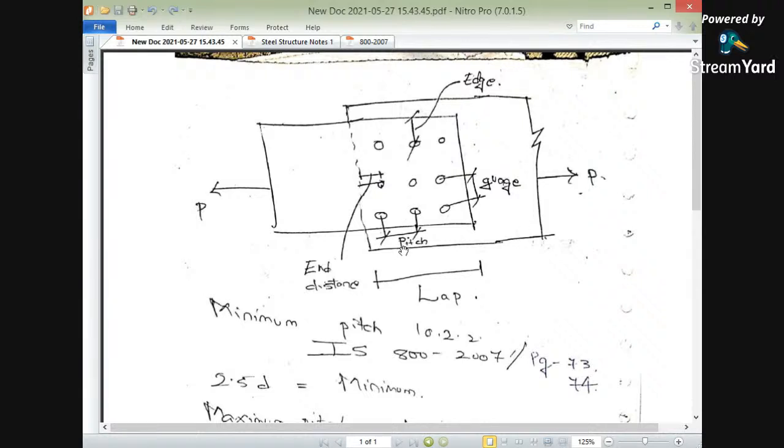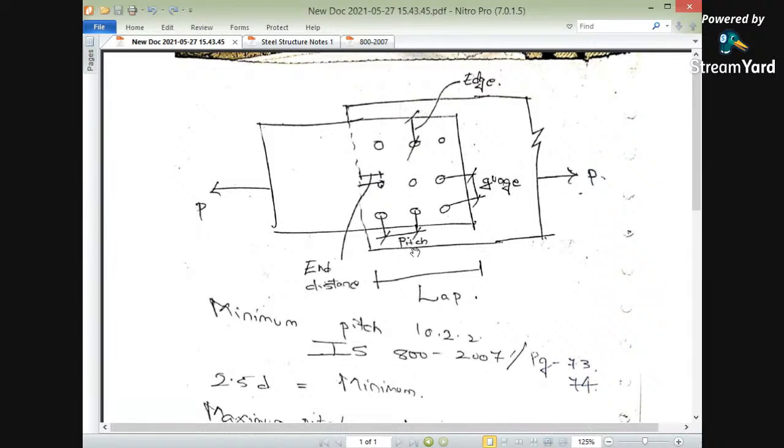If the distance is measured along the direction of force, that means the distance between two bolts measured along the direction of this tensile force, such a value is called the pitch value.